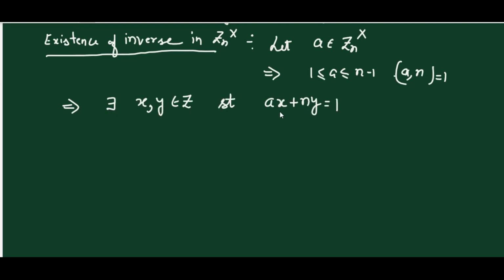Now we focus on this x, because x and y are ordinary integers, they may be positive or negative. We want to see what the inverse of A is, so we focus on x. Divide x by n: x equals nq plus r, where q is the quotient and r is the remainder, 0 less than or equal to r less than or equal to n minus 1.